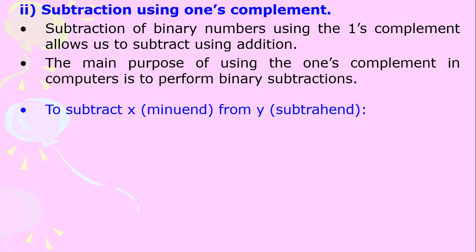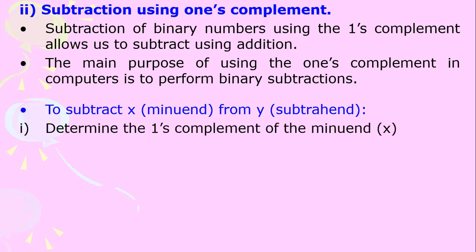So to subtract x from y, in other words, if you have two numbers and you want to subtract one from the other, number 1, you should determine the 1's complement of the minuend. That is the number that you are subtracting from another.